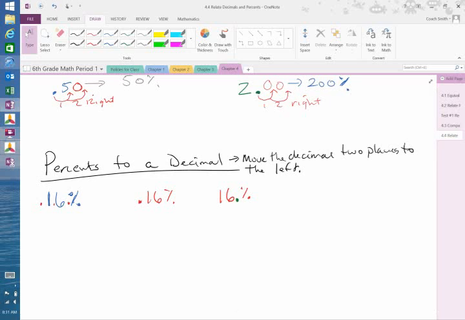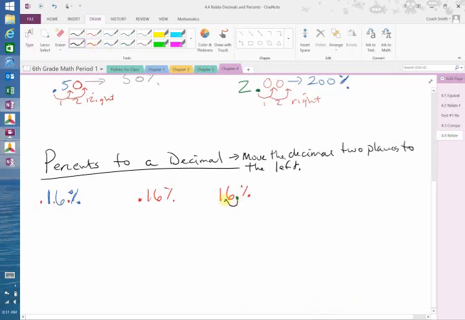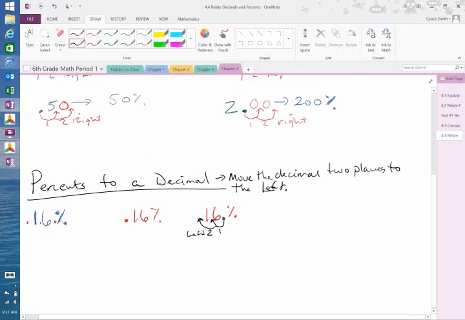So the decimal's behind the percent, and I take this decimal and move it once and twice to the left. And so that gives me a number of 0.16. And that's your answer.